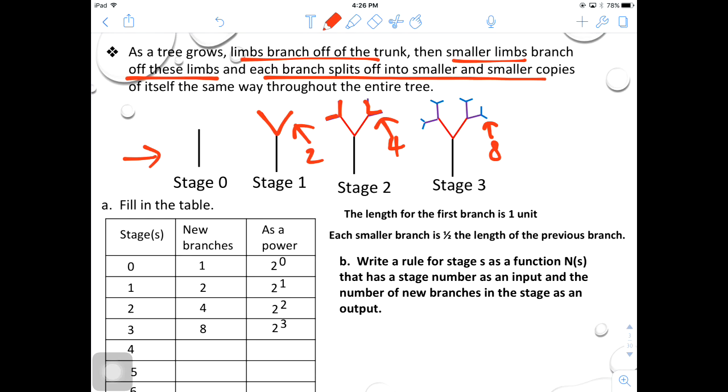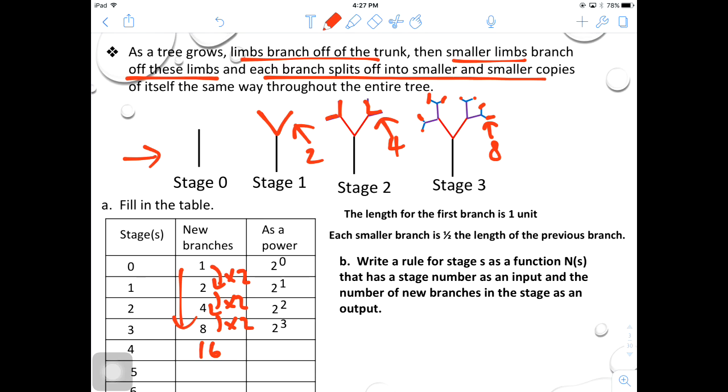If we continue, start a table to illustrate that, that goes right here, and notice that the number of new branches is always doubling. You are multiplying by 2 to get to the next stage. So if you follow this, the next number of branches will be 16, because you will get 8 of these, and each will double, correct?